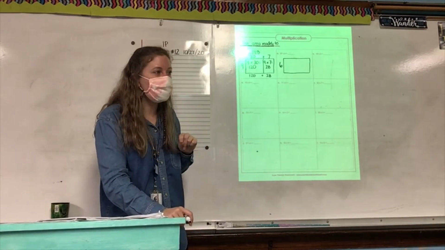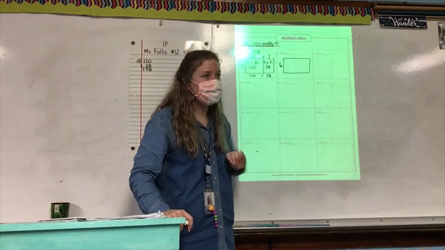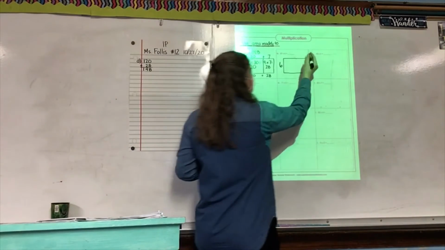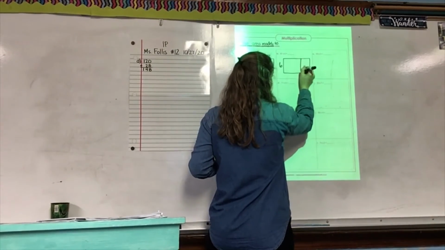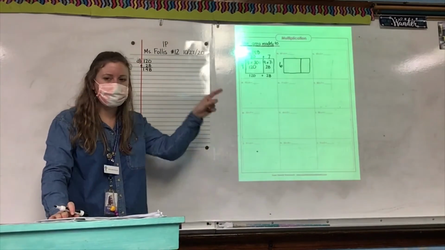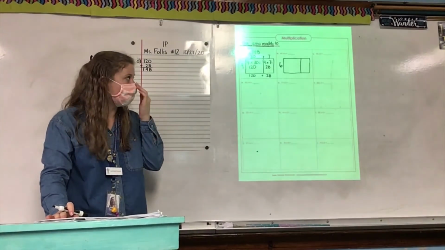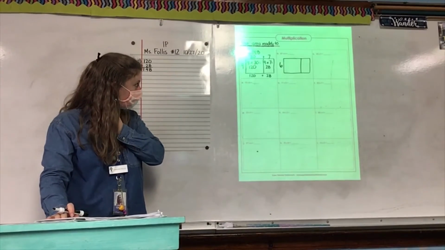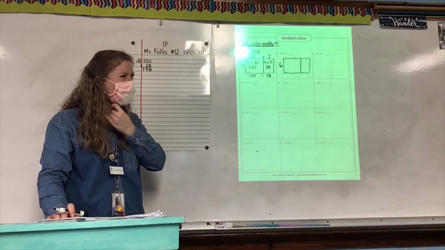Okay, step 3. Split the box into 2 pieces. The larger side on the left, the smaller side on the right. But make sure I still have enough room to write my multiplication problems. Step 4.